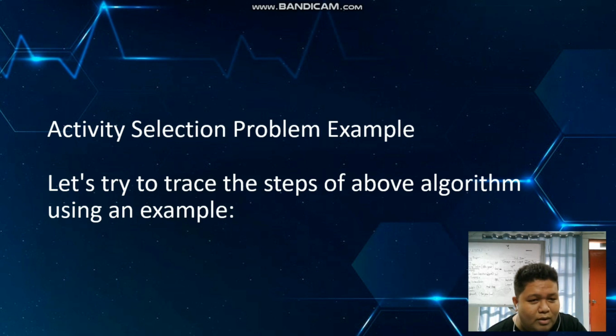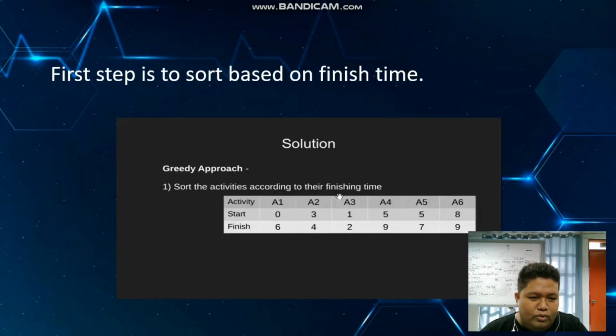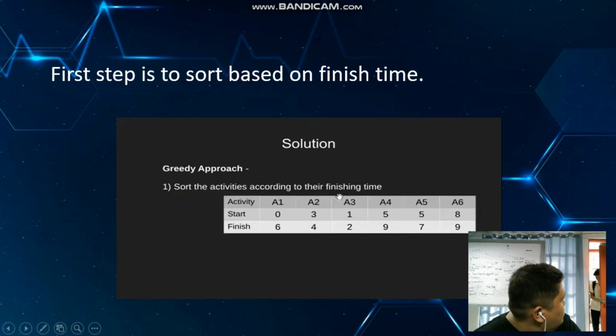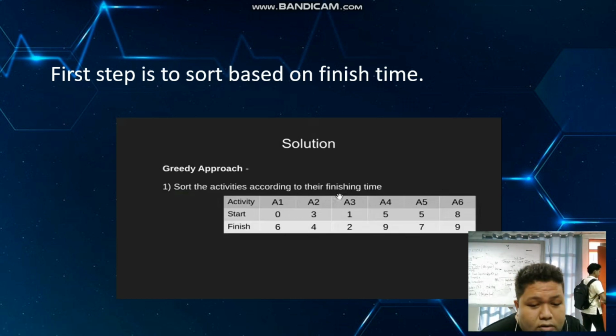Activity selection problem example. Let's try to trace the steps of the above algorithm using an example. Here we have activities, each with a start and finish time.